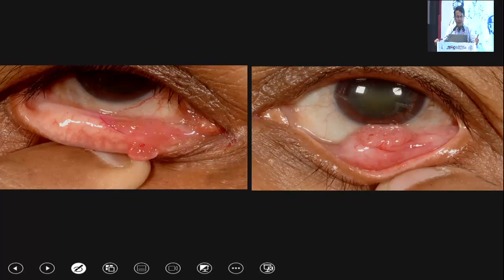Now, when a papilloma is atypical, then you should worry about it. This patient has a typical papilloma here. This patient is immunocompromised because she has undergone renal transplantation and she is on post-transplantation immunosuppression. This is a typical papilloma on the right eye. In the left lower lid, she has a papilloma which has a broader surface and a much broader base.